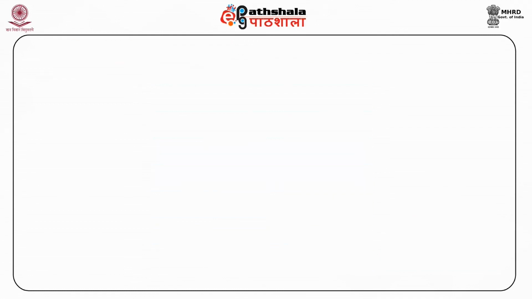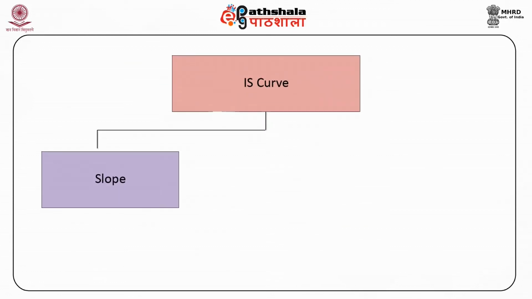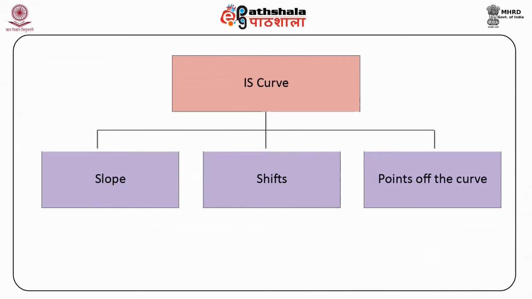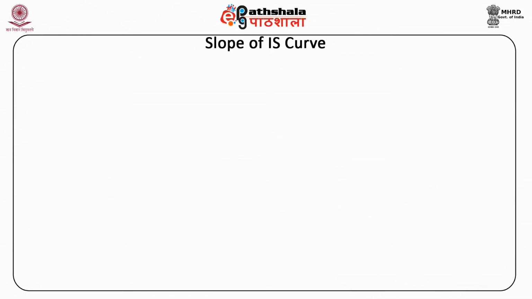Let us now look at the following topics: slope of the IS curve, shifts of the IS curve, and the points of the IS curve. Slope of the IS curve.